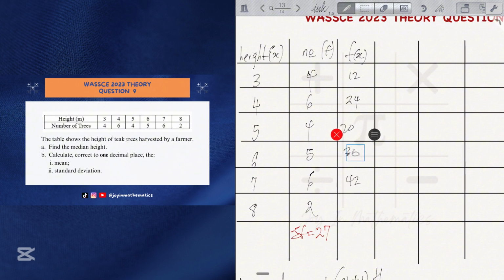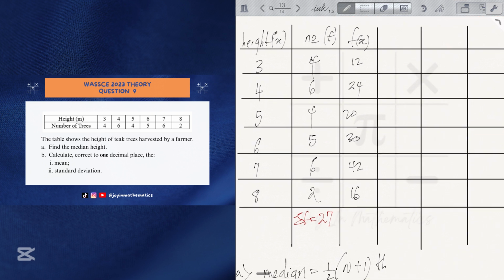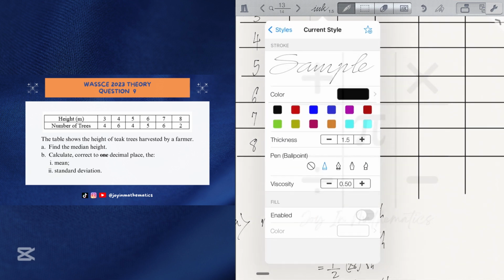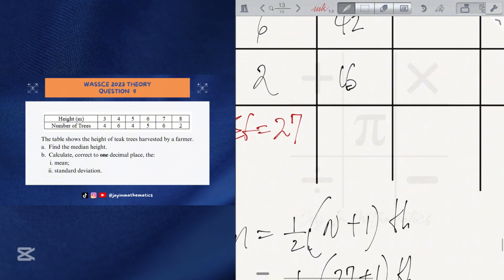And 8 multiplied by 2 will have 16. Now when we sum this together, that's 12 plus 24 plus 20 plus 30 plus 42 plus 16. It gives us 114. So let's use blue ink to write that summation f of x is equal to 114.